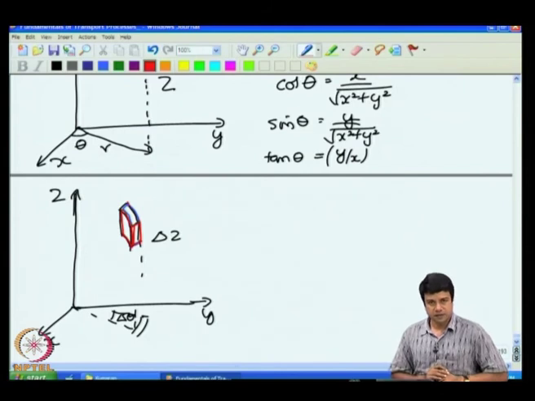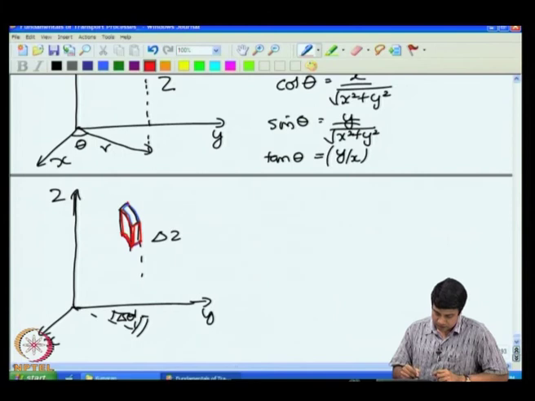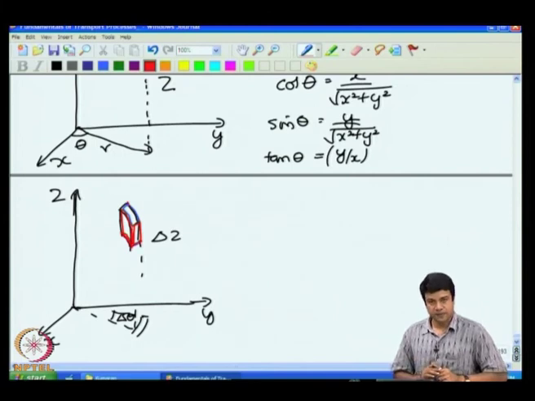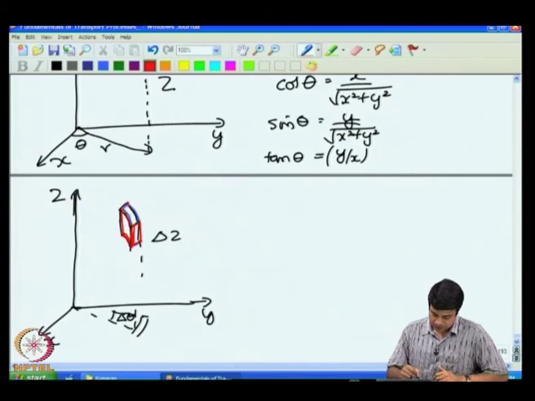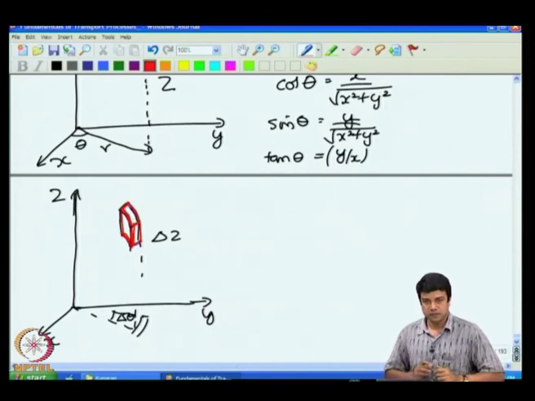The surface area at constant r is r delta theta times delta z, because r delta theta is this distance and delta z is the perpendicular distance. At constant z, it is delta r times r delta theta. And at constant theta, it is delta r times delta z.